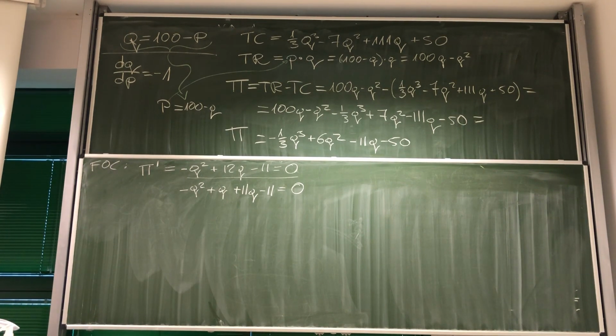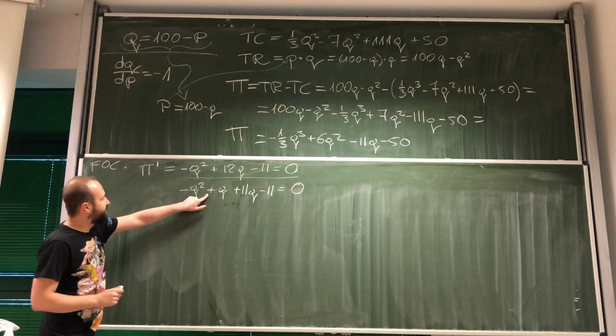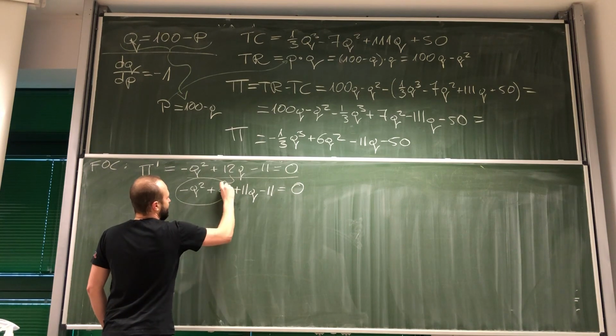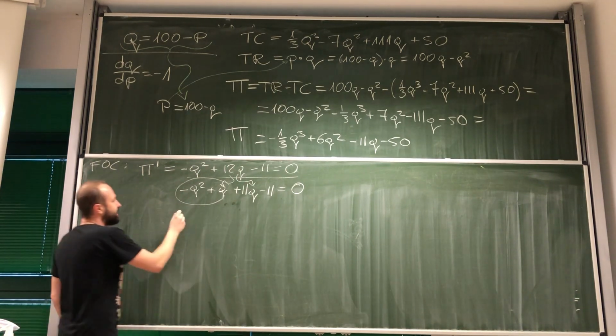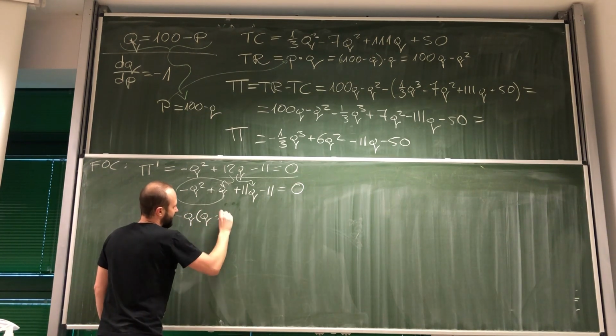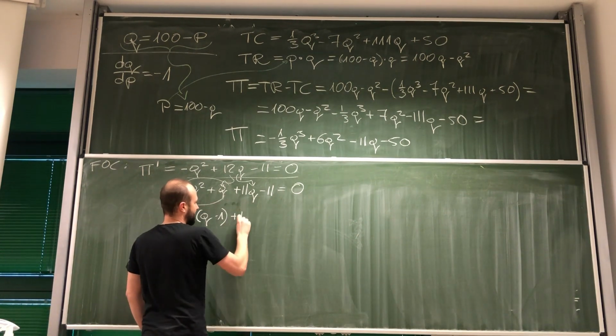It's exactly the same expression, but what I can do now, look, out of the first part, first two, because this turns into those two, out of this part, I can take minus q out. So I get q minus 1. Then, out of the second part, I can take 11 out.